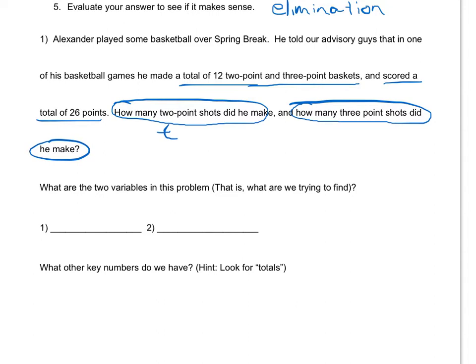We can't use the same variable, because t would mean both two-point and three-point shots, and clearly we have to have different variables for different things. So I'm going to use e, because when I say the word three, those two e's at the end really stand out for me. So t stands for two-pointer, and e stands for three-pointer.